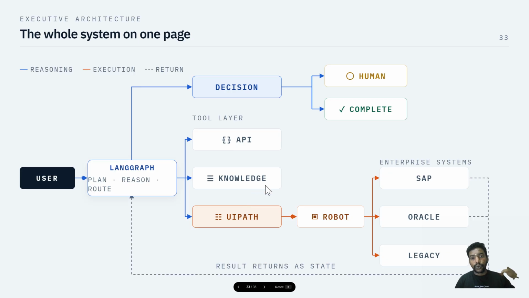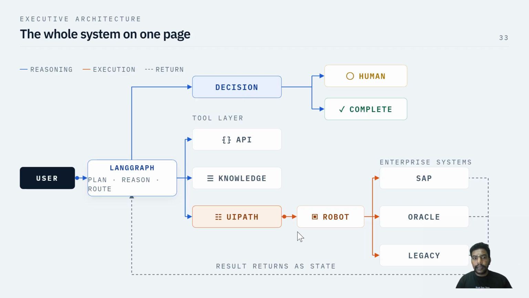UiPath goes to robots, the robots reach enterprise systems, then the results are returned back into the graph for the decision, and either human review or complete. The three things to notice: the reasoning lines are blue, the execution lines are orange, and the return lines are dashed.